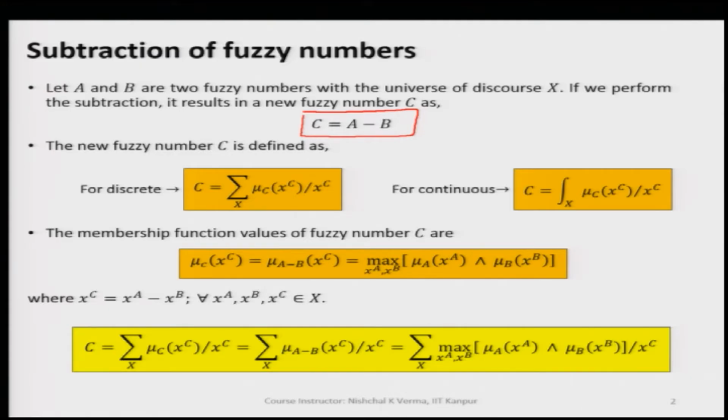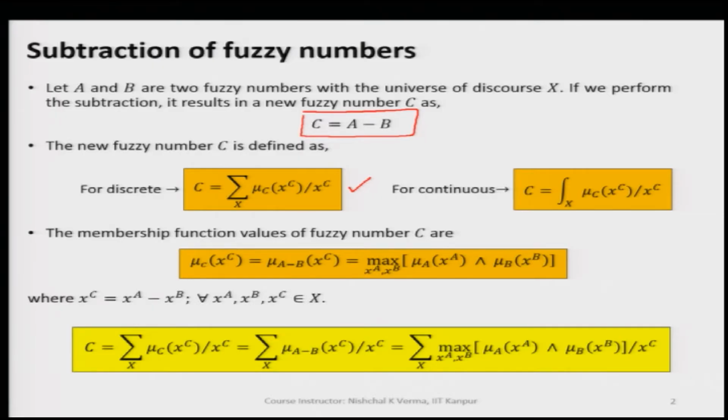Similarly, B also is a normal and convex fuzzy set. Now, when we subtract B from A, we have a C fuzzy number which is again a convex and normal fuzzy set. So, for discrete fuzzy sets, the subtraction will be governed by this equation here.